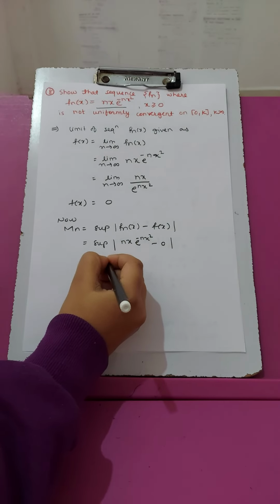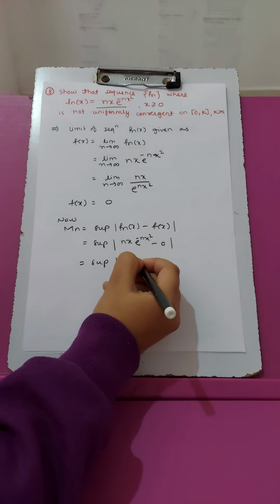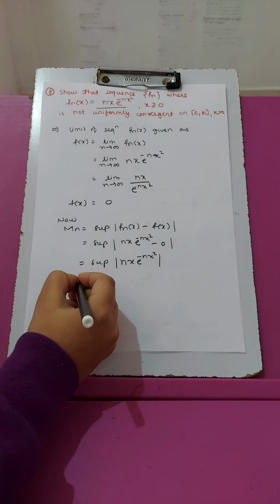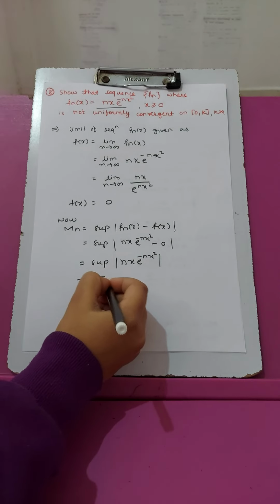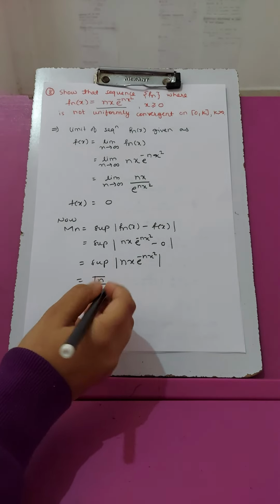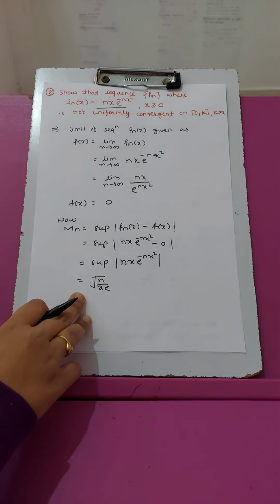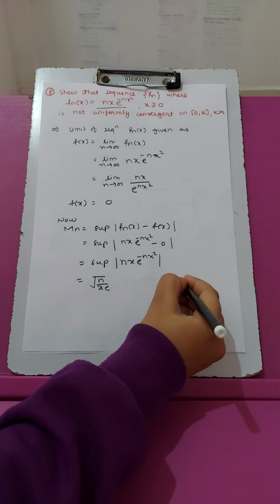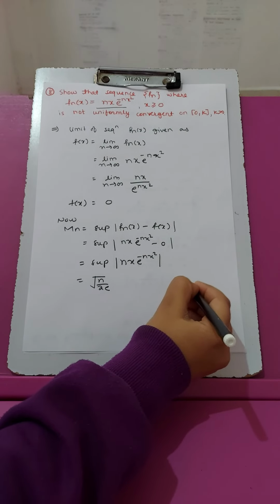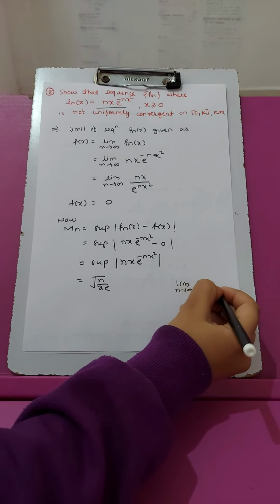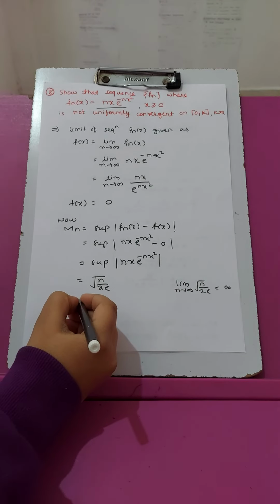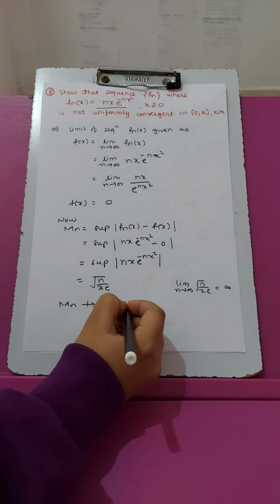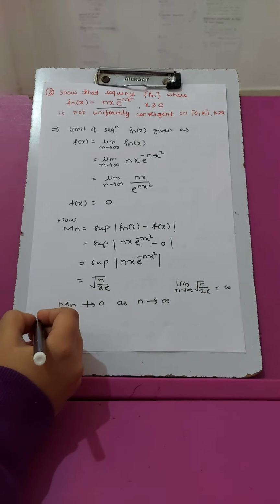This implies the supremum of mod of n x e to the power minus n x square, and the supremum value of this will be under root n upon twice e. And from this, if we take limit n tends to infinity of under root n upon twice e, this will be equal to infinity. So Mn does not tend to 0 as n tends to infinity.